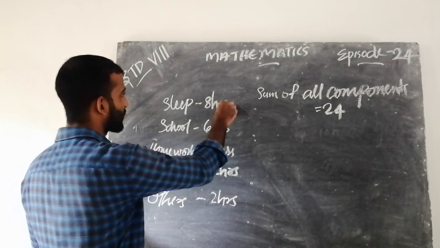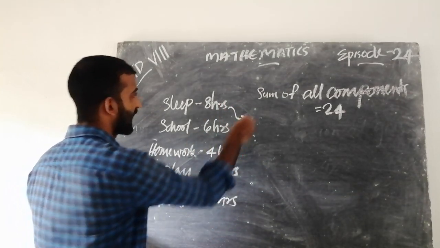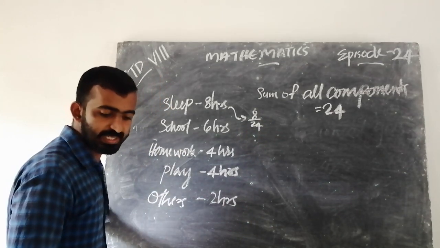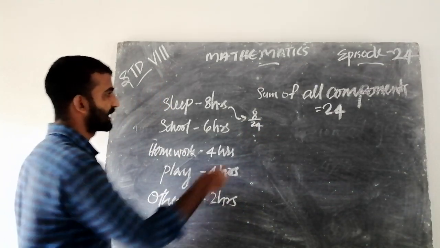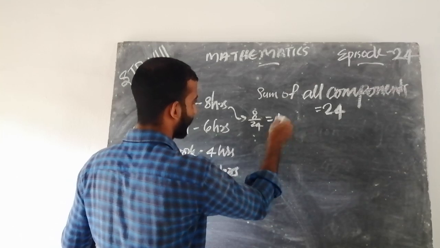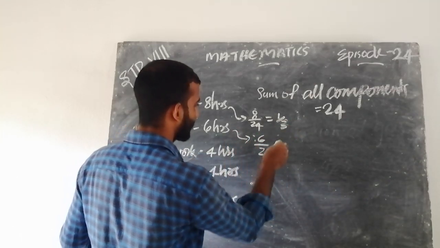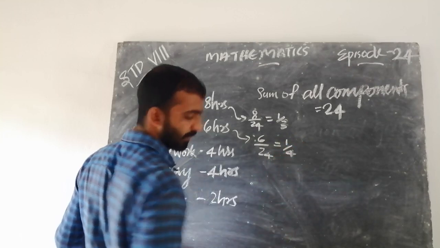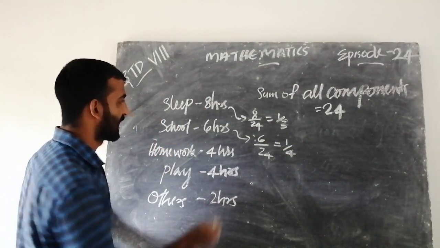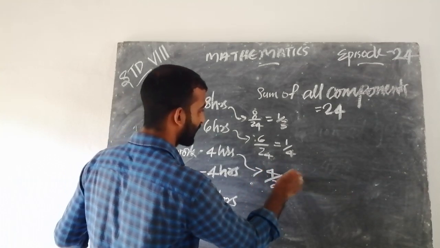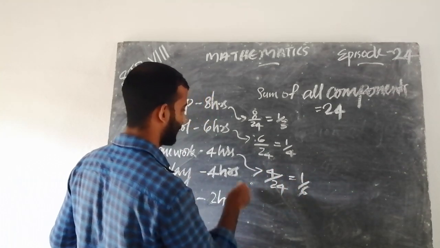Now the fractions. That is 8 by 24, which is 1 by 3. Then 6 by 24, that is 1 by 4. Next, 4 by 24, 1 by 6.